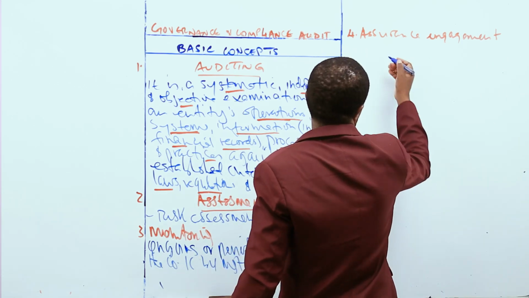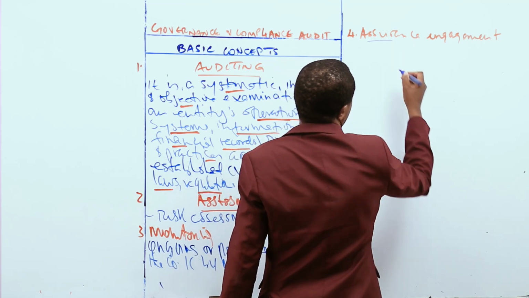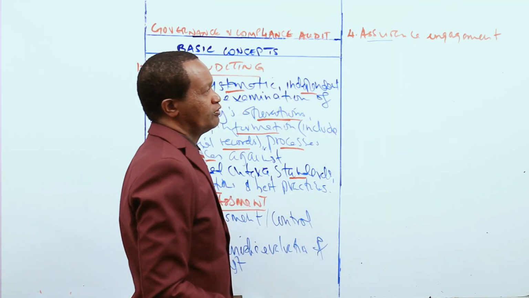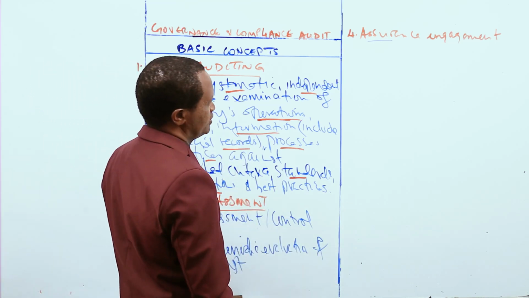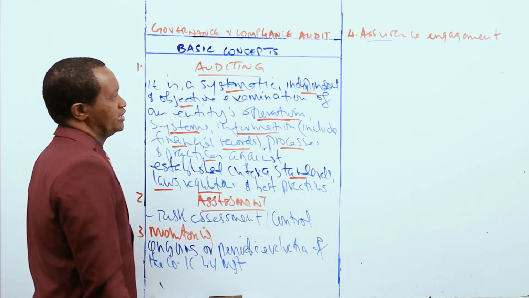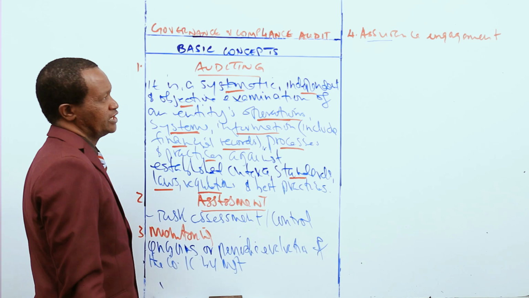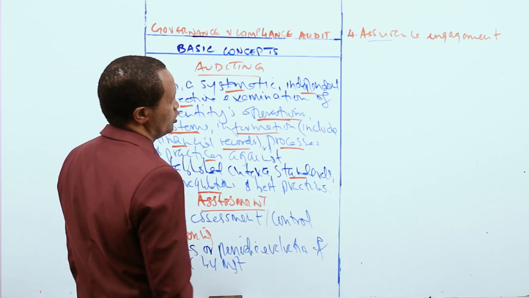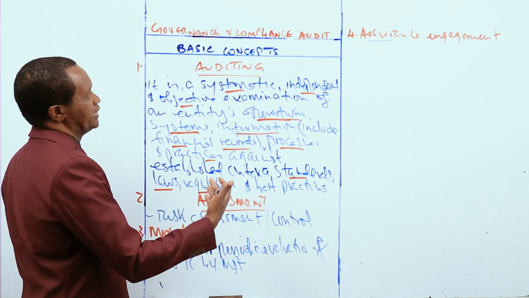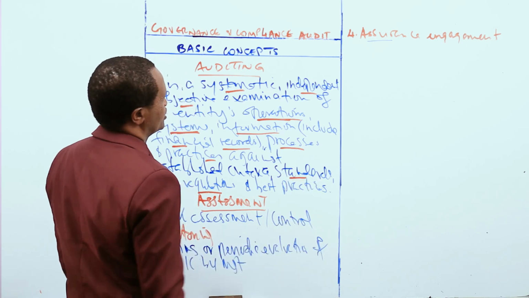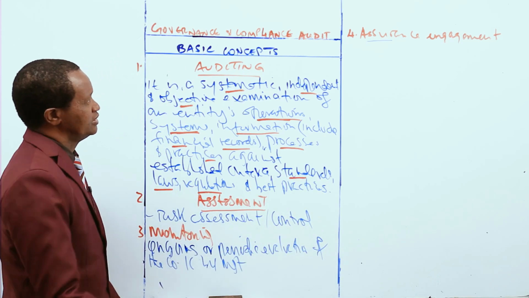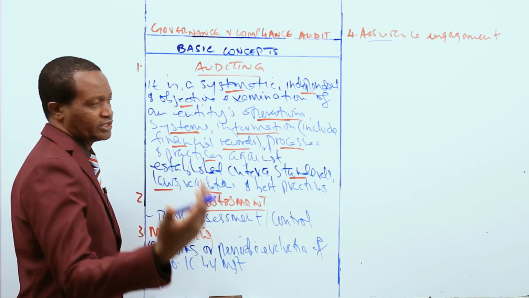Assurance, from the word assure. To assure means to provide confidence, to give confidence. An example of an assurance engagement is a financial audit, or a governance audit, or a compliance audit. A compliance audit is an assurance engagement. A governance audit is an assurance engagement.